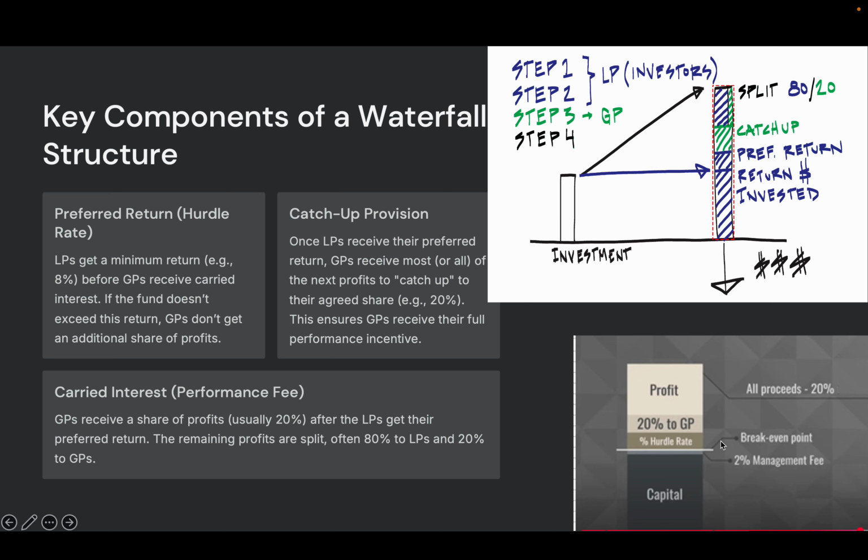According to the hurdle rate, if it is crossed, then the GP receives the catch-up and the profit is divided 80-20. Then the 20% of profit is given to the GP, and whatever profit remains after that goes directly to the LP.